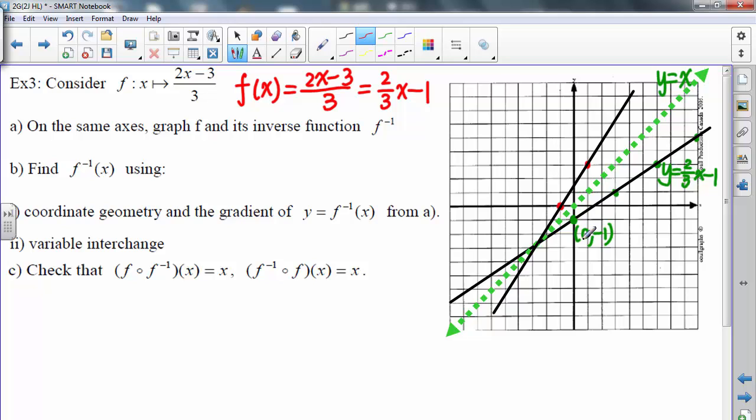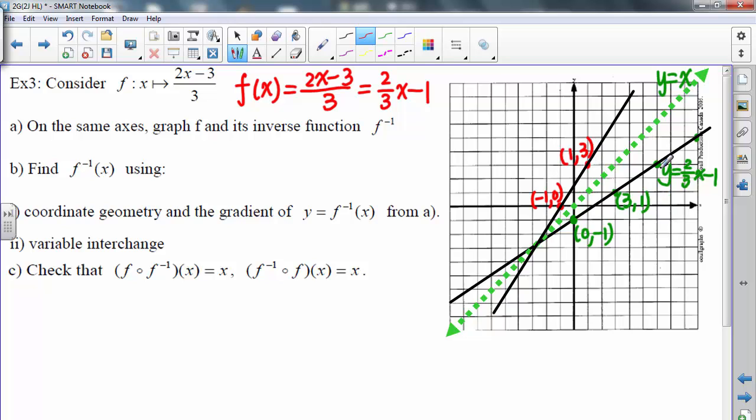If you switch 0 and -1 around, the new point -1, 0 should be on the inverse function. This point is 3, 1. We switch these 2 coordinates around. This new point is 1, 3.